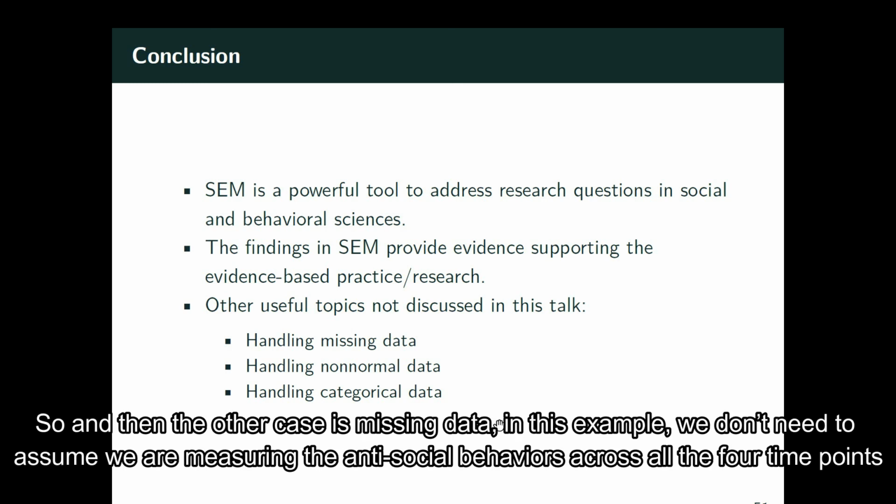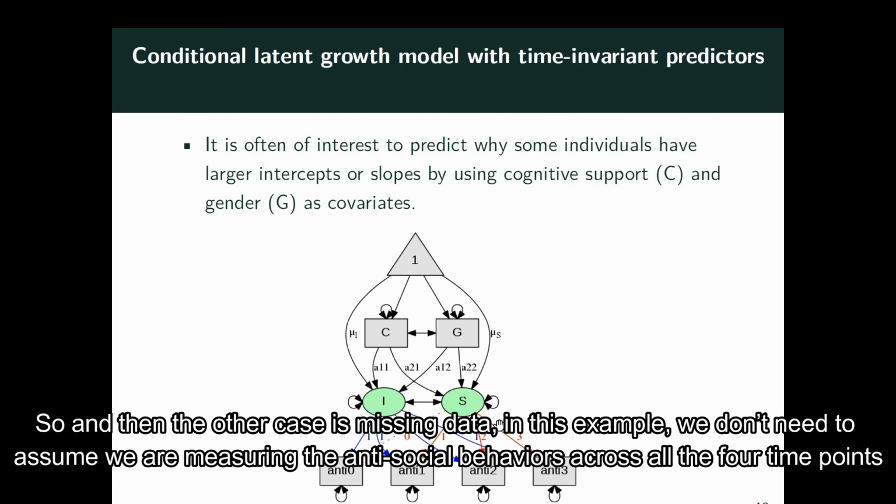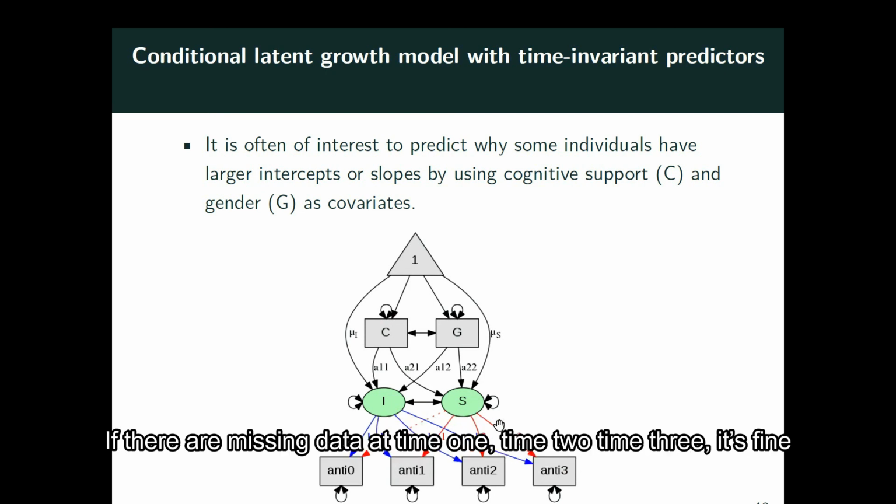And then the other case is missing data. In this example, we don't need to assume that we are measuring the antisocial behaviors across all the 4 time points. If there is missing data at time 1, time 2, time 3, it's fine.